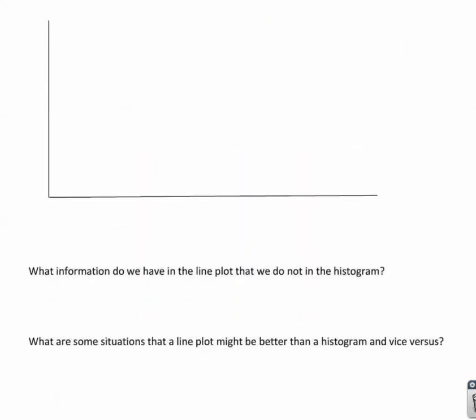So the answer to that is in the line plot, you can see exactly how many people have their exact pairs. Whereas in the histogram, you don't know that exact amount because you have categories.